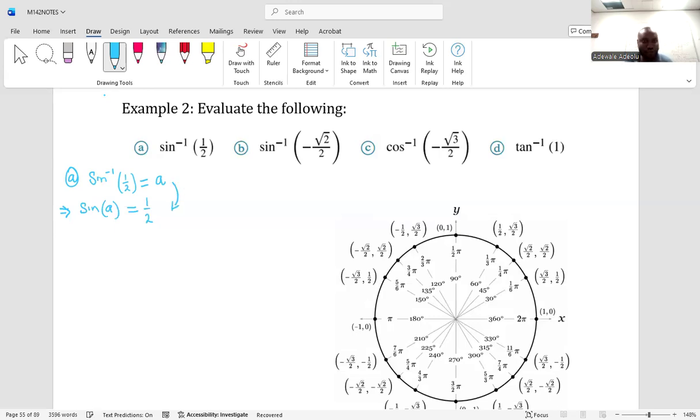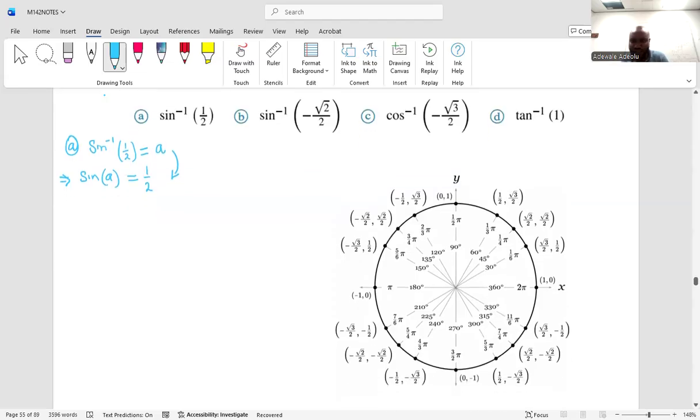I move from the sine inverse to the sine function: sine of some angle A is half. What is that angle? Well, because you know it, A should be pi over 6.